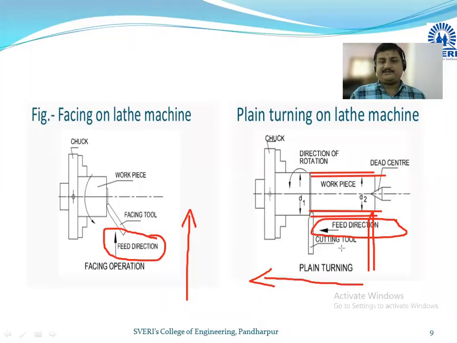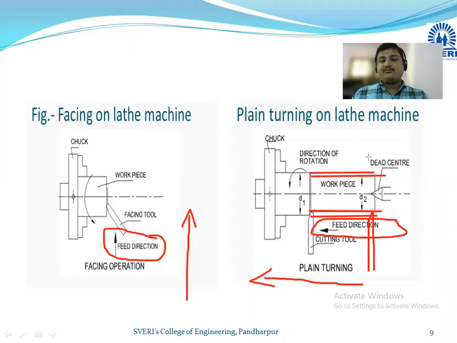When we are referring to the turning operation, we are going to provide this tool on its outer surface. Number two, the tool is moving in a longitudinal direction, not radially. And third, the diameter of your job is going to get reduced due to the turning operation.